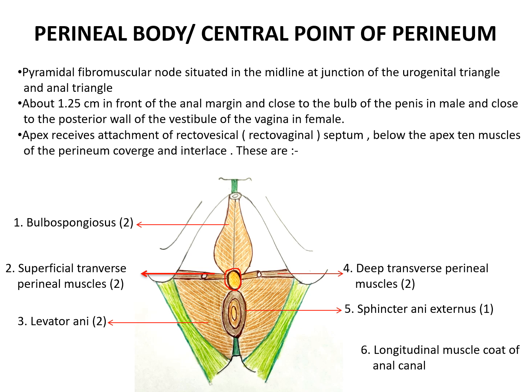The apex of the perineal body is directed above and it receives the attachment of the rectovesical septum in males and rectovaginal septum in females.